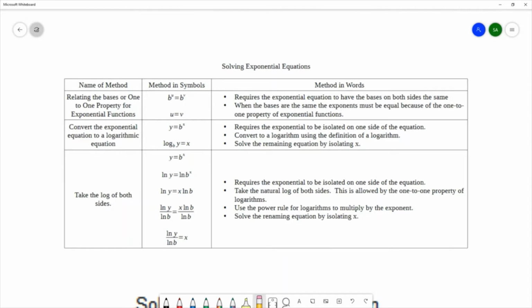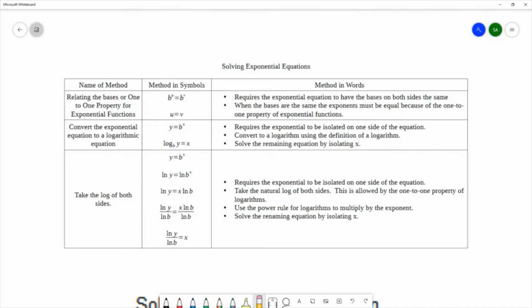Another method is to convert the exponential equation into a logarithmic equation. So you would start off with some exponential equation. You rewrite that using the definition of logs. You notice that the base of the exponent is the base of the log. The log always equals the exponent. So we have our exponent of x is what our log equals.